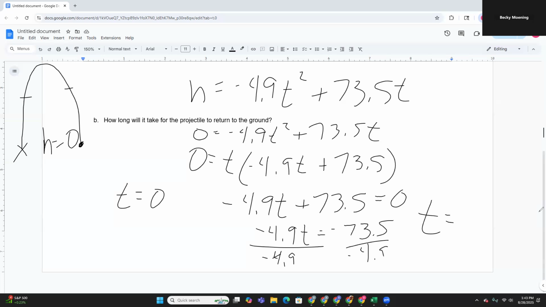And it will re-hit the ground 15 seconds later. Which you knew it had to be more than 13.49 because 13.49 is when it hit 100 meters, right? So it was still in the air at that point, so it had to be bigger than that. All right, I hope that made a little bit of sense, and yeah, have a good one.